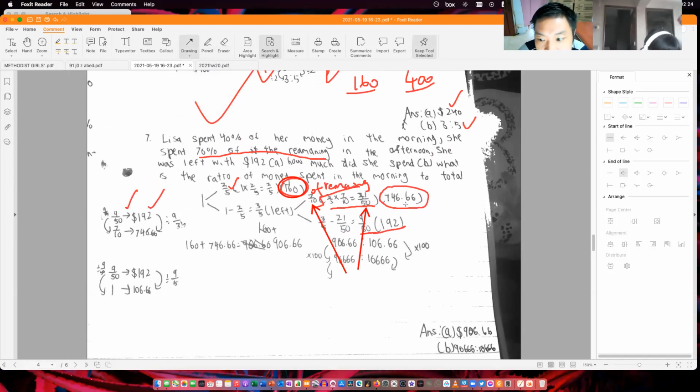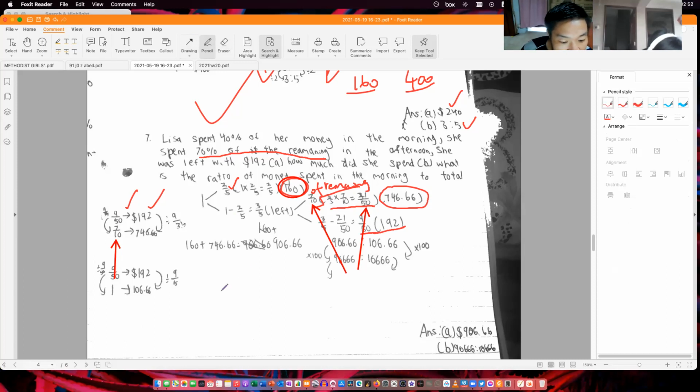Which one is the fraction? Hello. 21/50. Then how come you write 7/10 here? Huh? How come? So once again, it shows you never read properly.